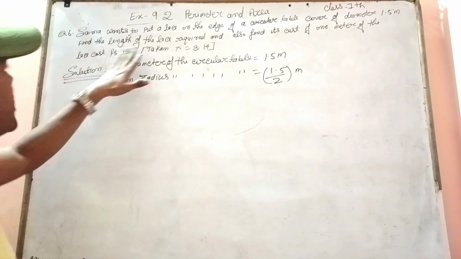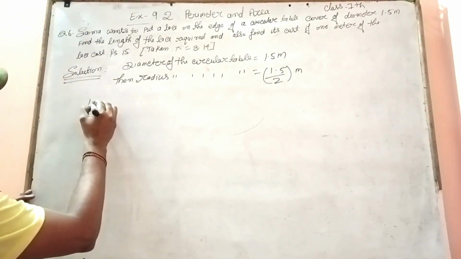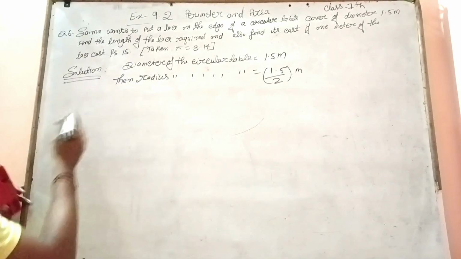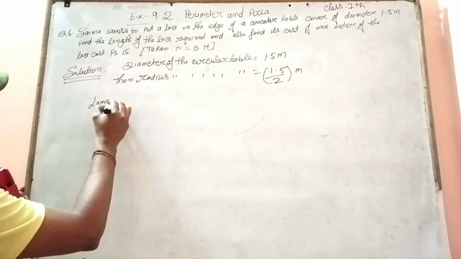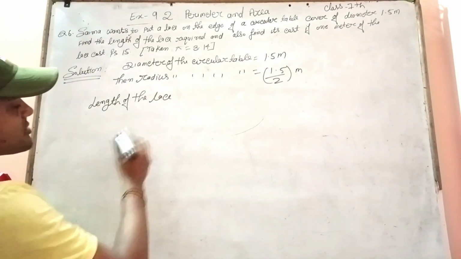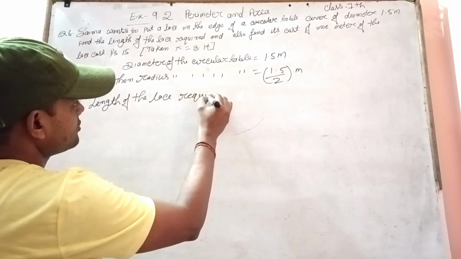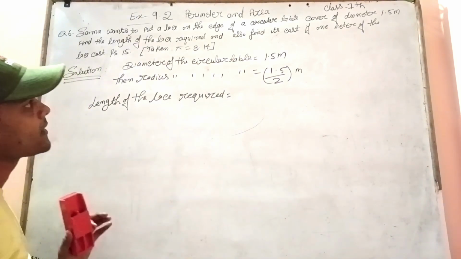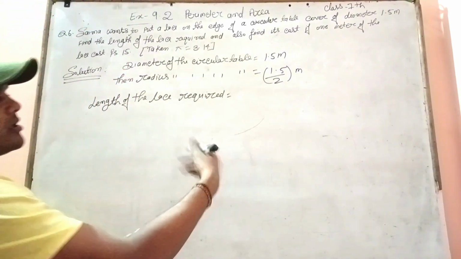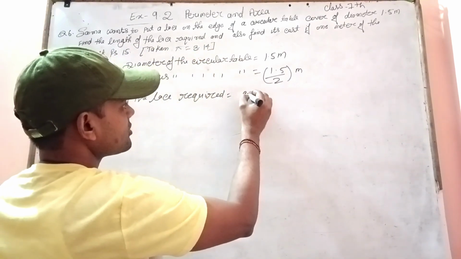Also find the cost and the length of the lace required. Length of the lace required is equal to circumference of the circle.